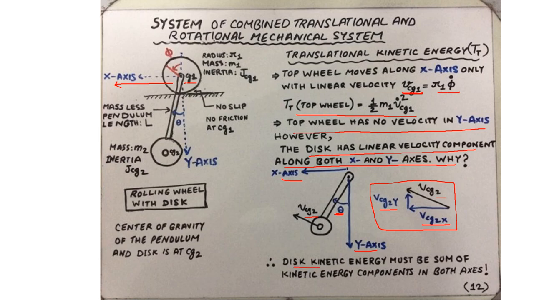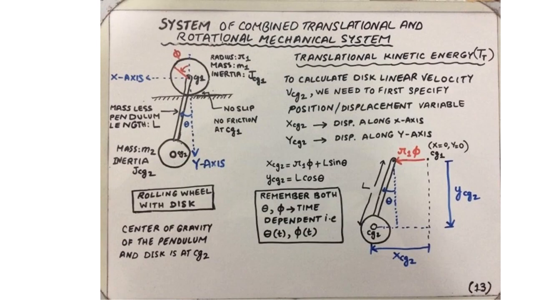Therefore, the disk kinetic energy must be the sum of the kinetic energy components in both axes, that is, the kinetic energy along the x-axis and the kinetic energy along the y-axis. However, in order to write down the expressions of the corresponding kinetic energies, we first need to describe the position variables to facilitate the velocity expression for the disk. So let us say that xcg2 describes the displacement of the disk along the x-axis and ycg2 describes the displacement of the disk along the y-axis.